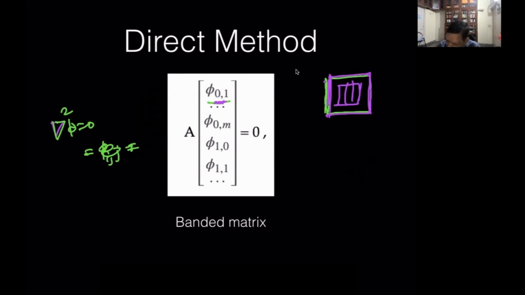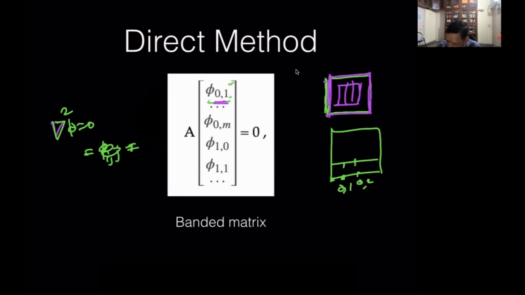I start with phi 0, 1, the first grid point, then 0, 2, then I go to 1, 1, 1, 2, like that. So these are the unknowns.